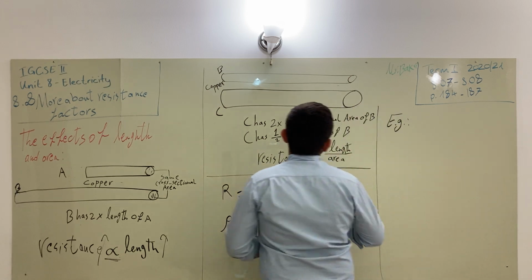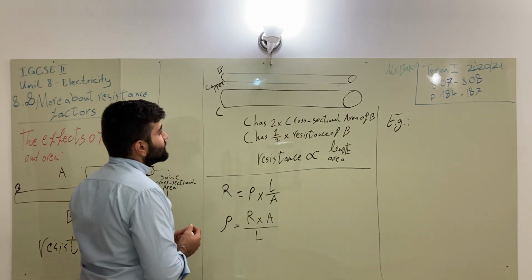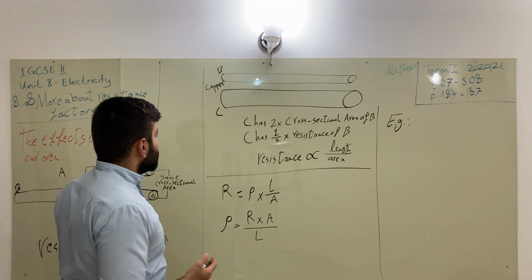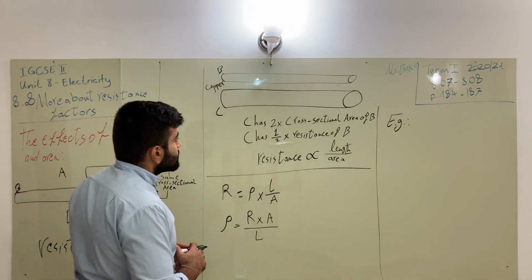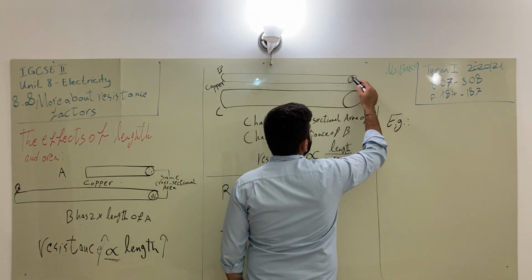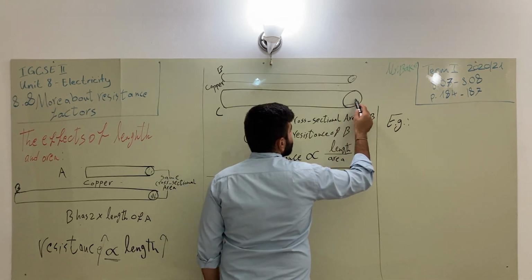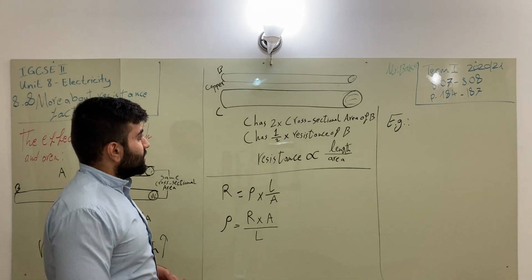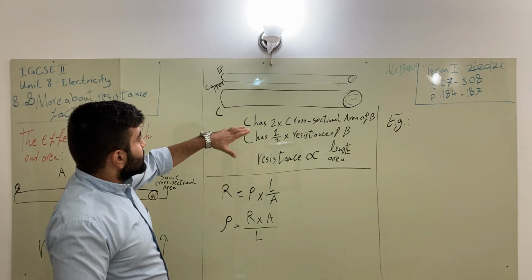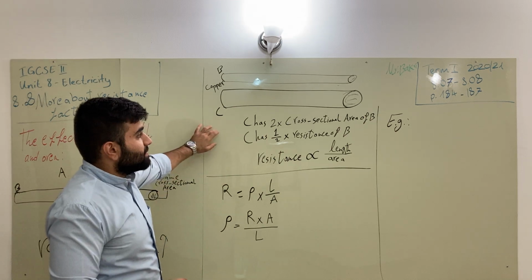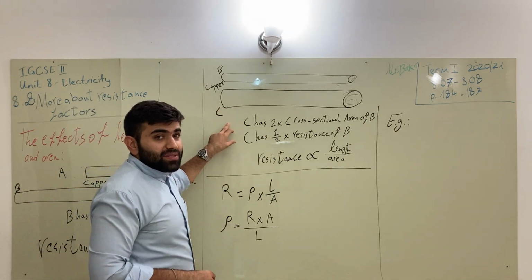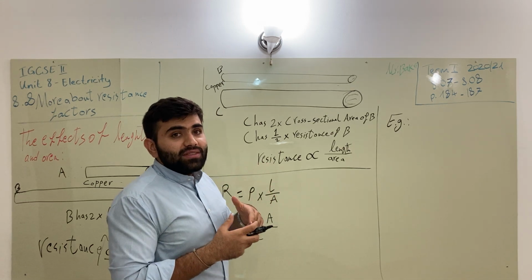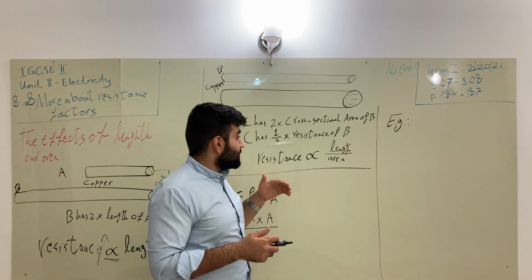Moving along, now B and C have the same length. Also, both of them are made from copper. But now one has double the cross-sectional area. If you remember in 8.06, we said if the cable is wider or thicker, the resistance will become less.